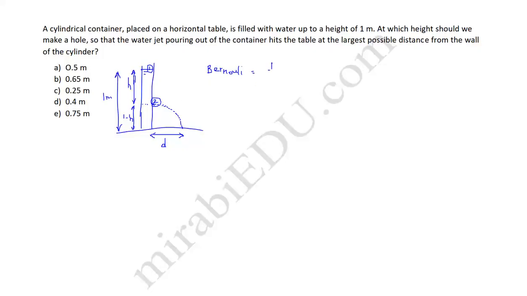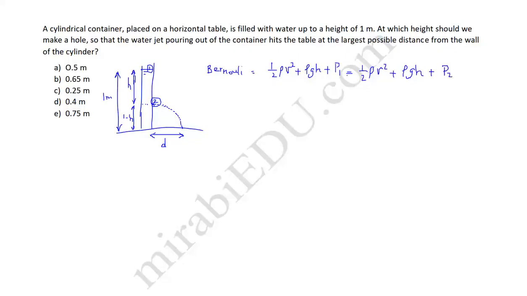There are three terms: half of rho v squared, plus rho g h, plus the pressure term. The first is a term related to kinetic energy in the dimension of pressure. This is the gravitational potential energy, and this is pressure, all written in pressure dimension.